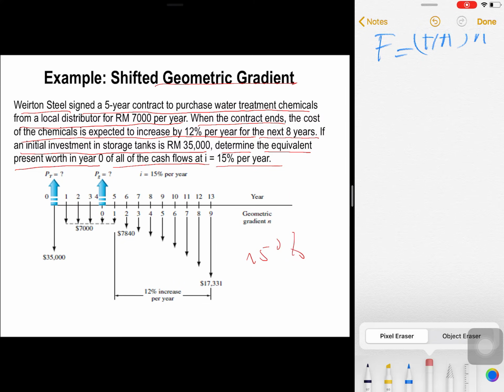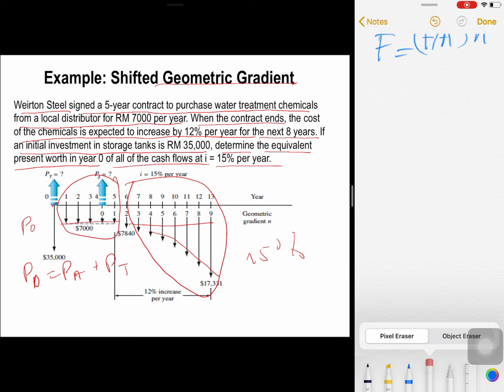Okay, the geometric gradient increases by percentages. So this is where the G starts from here and here. So you make 2 series, separate them, find the A here, find the G here, find the value of the A series here, and get the P0 from P0 equals PA plus PG total.